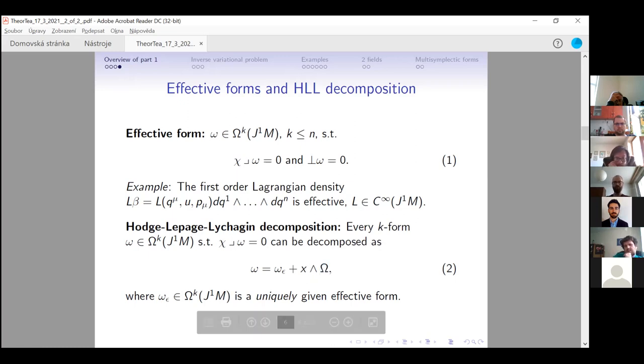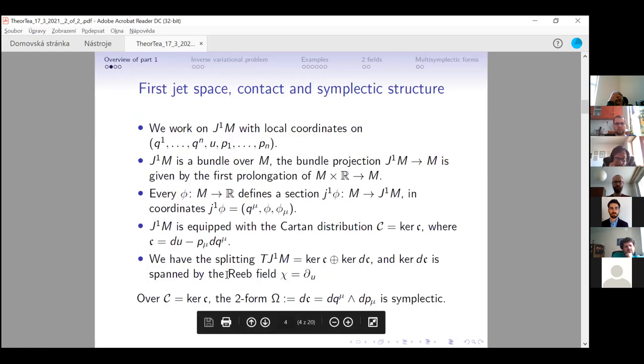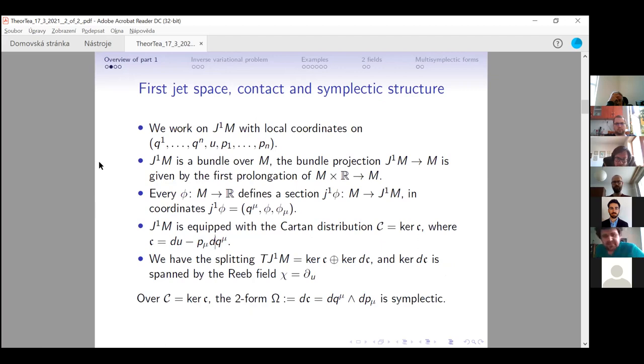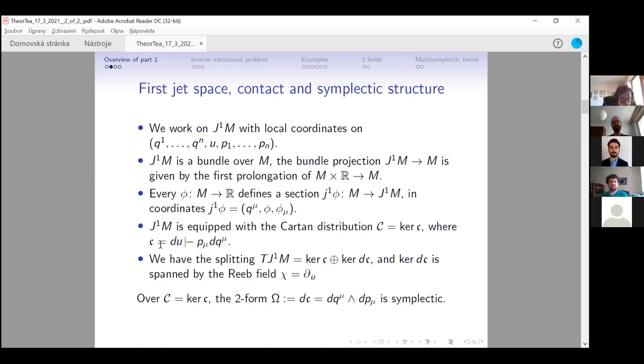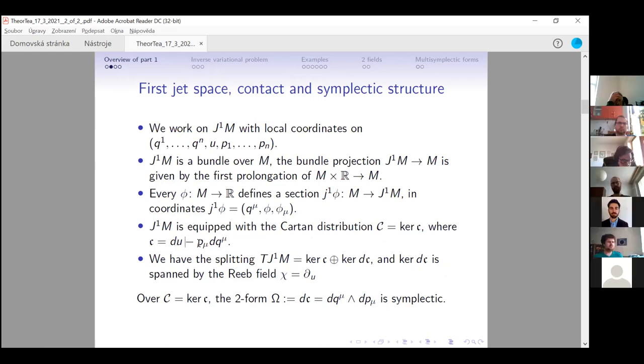Just see the coordinate expression of the contact form. If you use the rules that were annotated on the slide a minute before, you have d phi minus the pullback of C, which is d phi minus the derivative of phi in the direction of Q, dq mu. So it's exactly 0 for every phi.